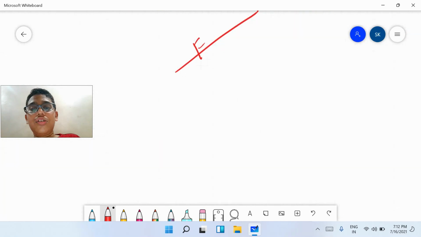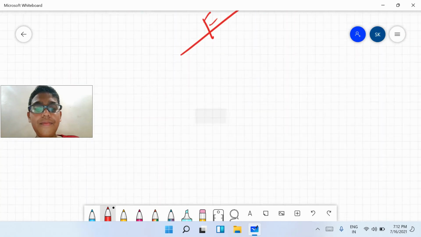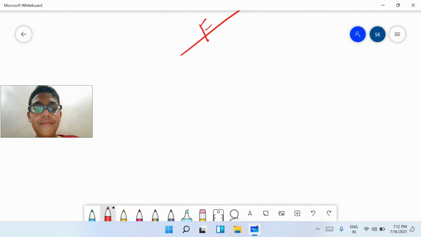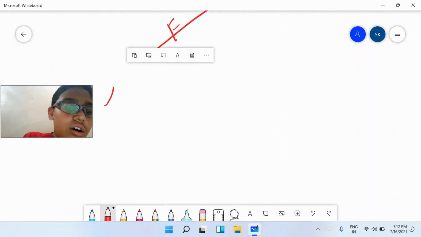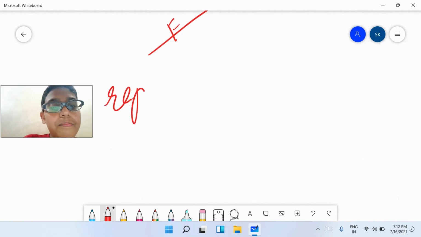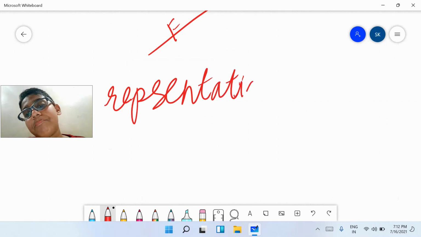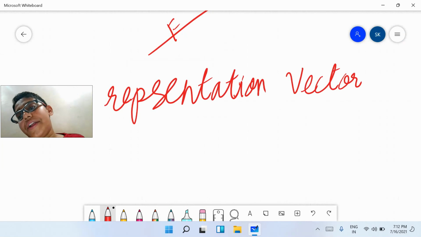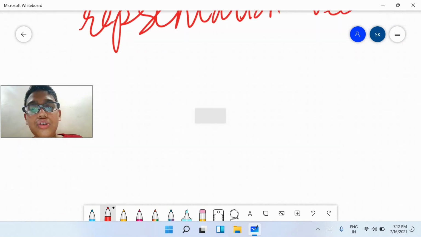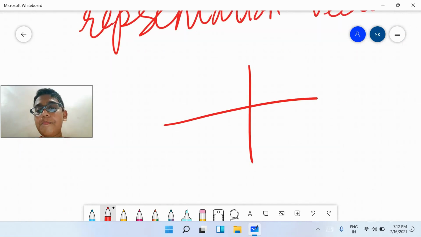so now let's see how to represent vectors. Representation of vectors, we can call it vector representation. So I am taking some cases. First I will draw them.